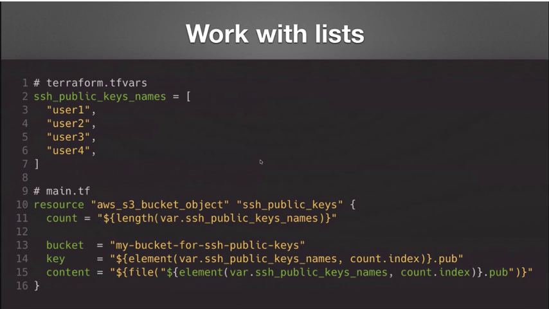That's fine. Then imagine a situation where user 3 is going to be removed. So we remove him. And the way Terraform 0.11 works is that it will delete user 4, and since his index is changed, it will put user 4 in the place of user 3.